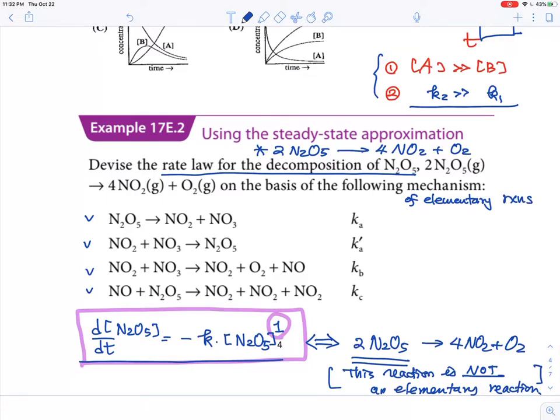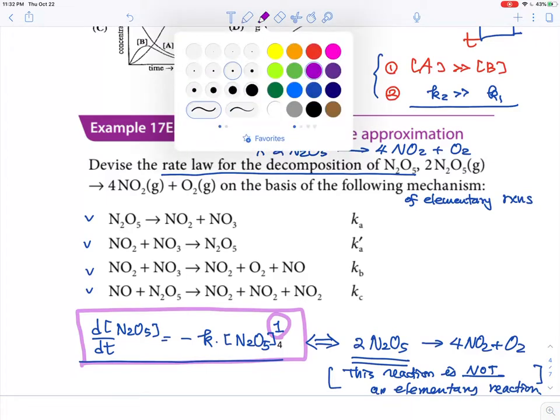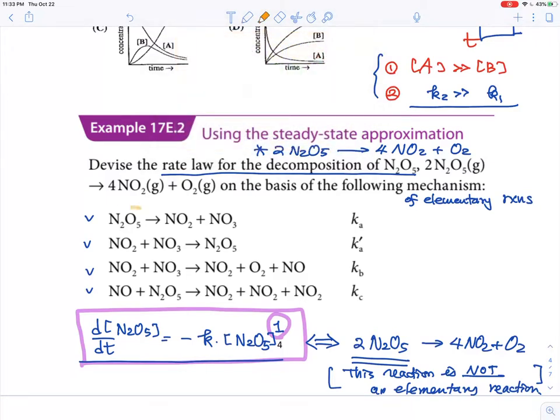Now let's have a look at this equation for now. Let me highlight: this is a product, and this is a reactant, and this is a product. So this is a reactant. Your product is NO2. Fine. So I'm just writing this one down.